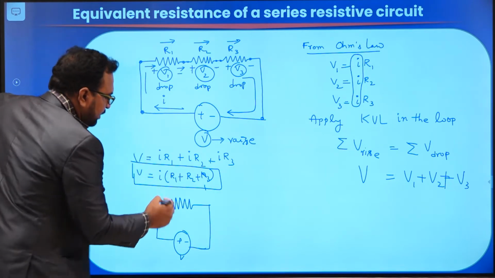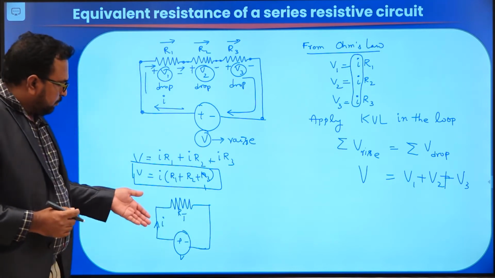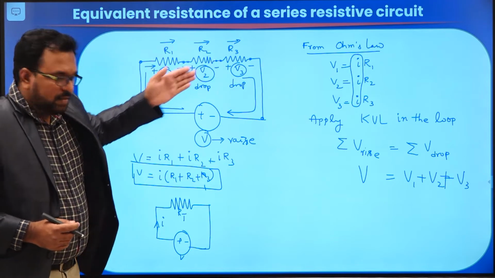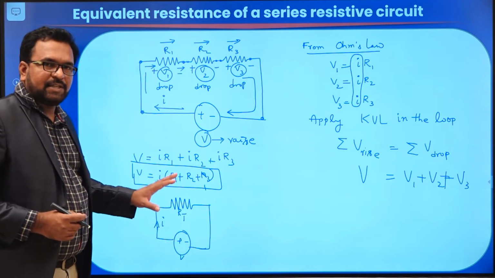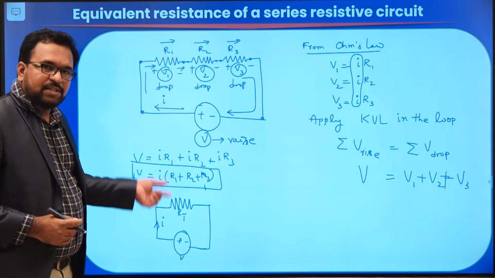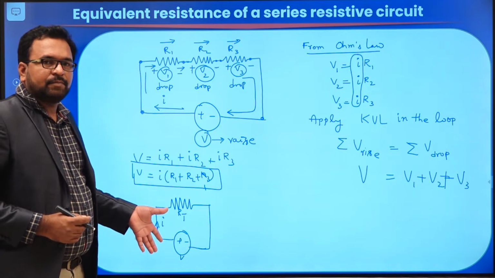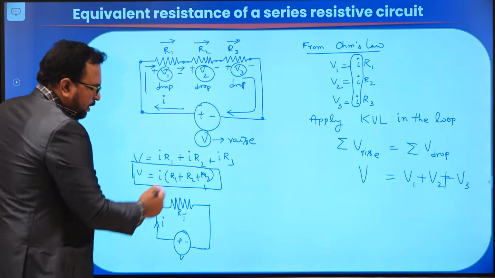So what is that value of the resistance RT? You have to replace the 3 resistors with a single resistor, such that other circuit parameters don't change. So what is that value of resistance which doesn't change the circuit parameters? Now we will calculate that resistance. If you apply KVL, what are the elements involved here?